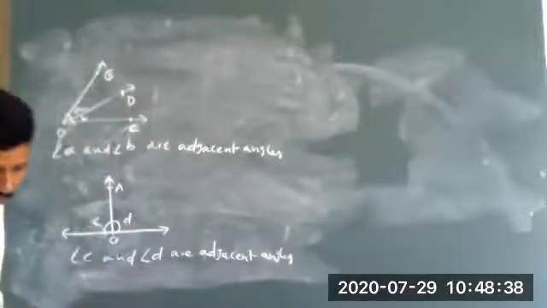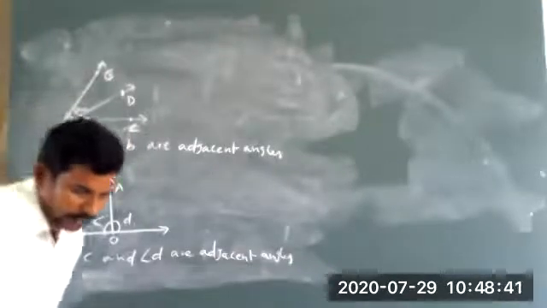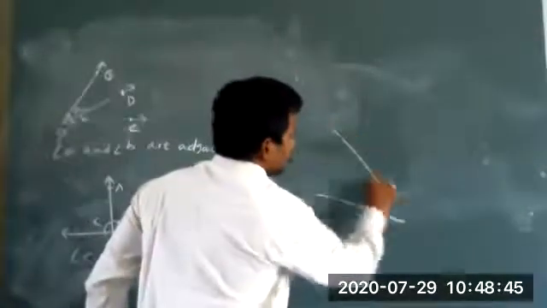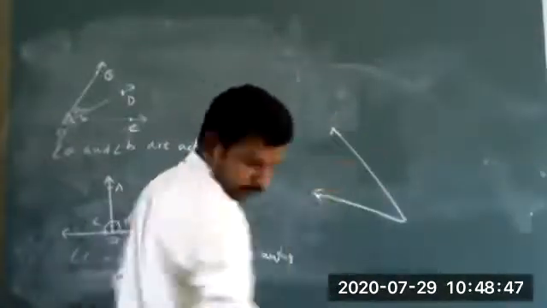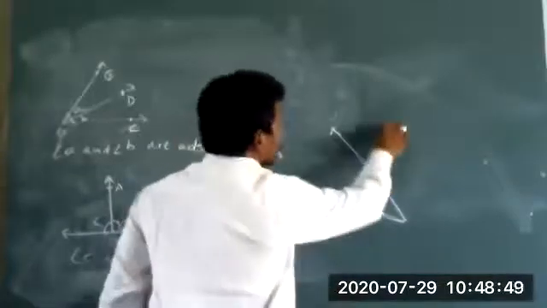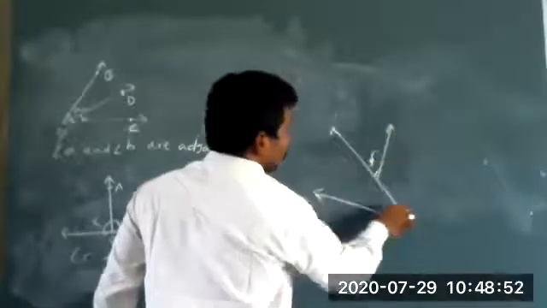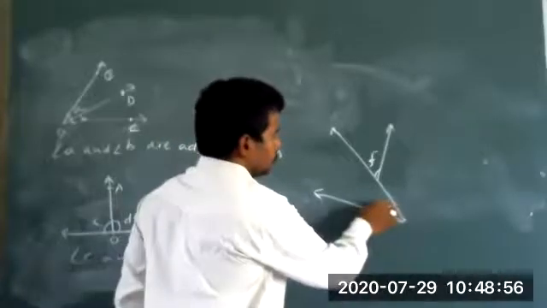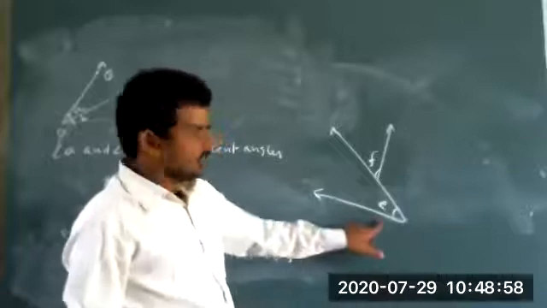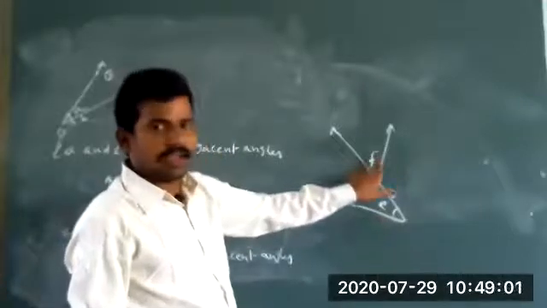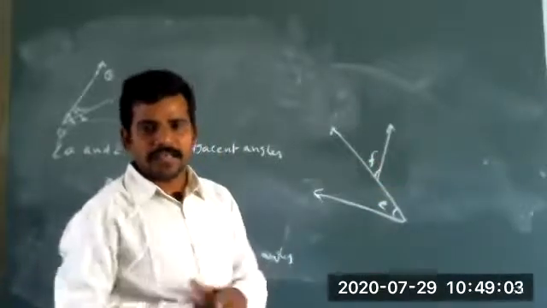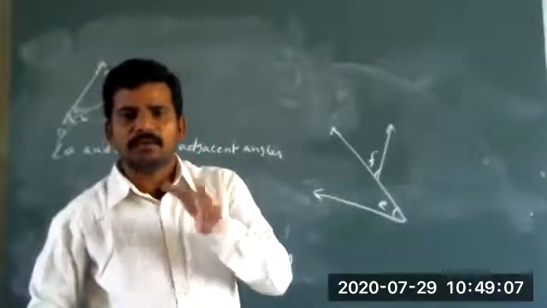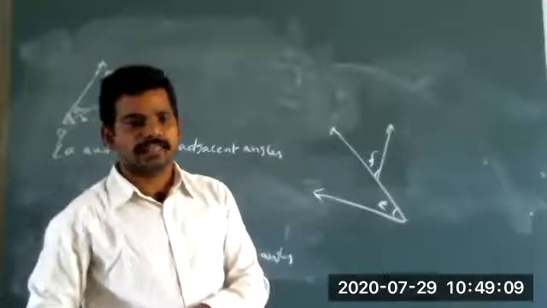Adjacent angles. Next one, third problem. See children, this is angle A, this is angle F. What are adjacent angles? The angles having a common arm and common vertex are called adjacent angles.